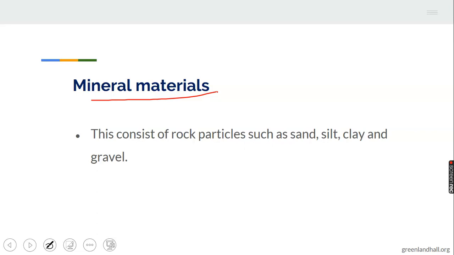It represents the small rock fragments of the soil, which form the bulk of about 45% of the total volume of soil. It consists of gravel, stone, sand, silt, and clay. These are the components of mineral materials, or you can call it inorganic matter.